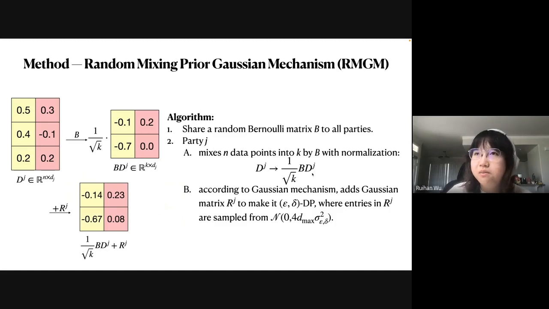We compute that the sensitivity is again 2 square root of Dmax. So the variance here is designed as 4 Dmax sigma square. So after adding the Gaussian matrix Rj, the values are more noisy.